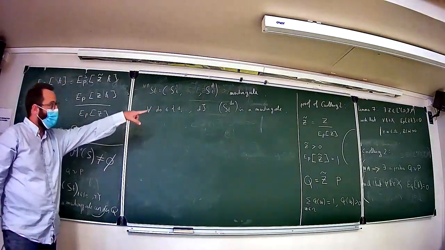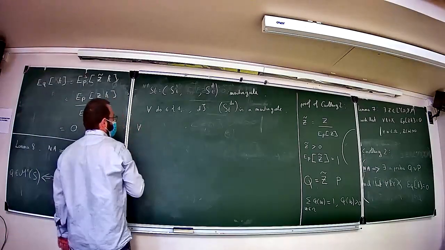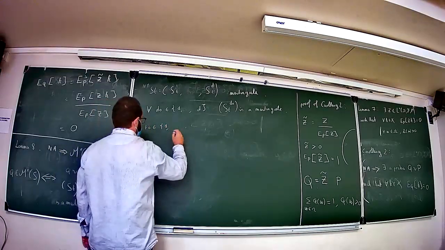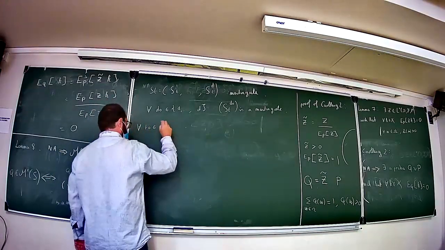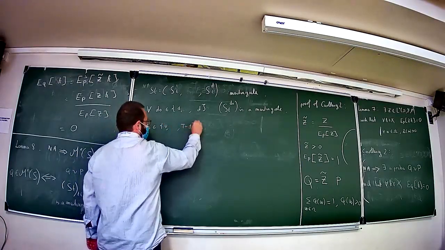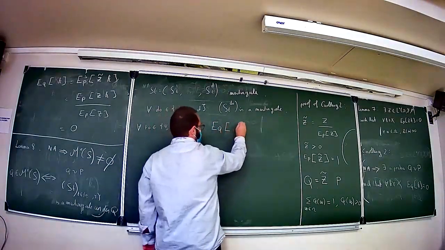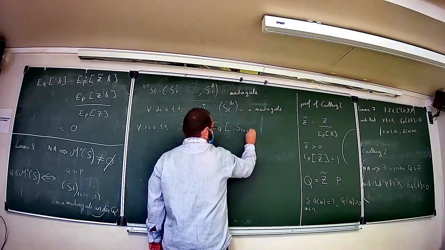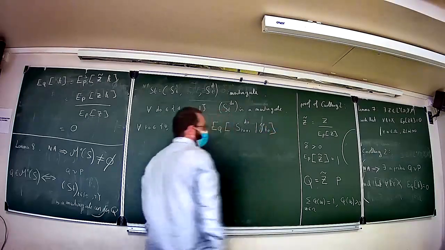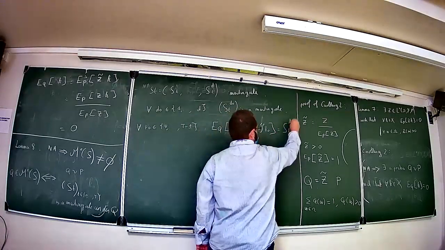So to say that S^{d0} is a martingale just means that for all t0 belonging to 0 to T minus 1, the conditional expectation under Q of S_{t0+1}^{d0} given F_{t0} has to be equal to S_{t0}^{d0}.